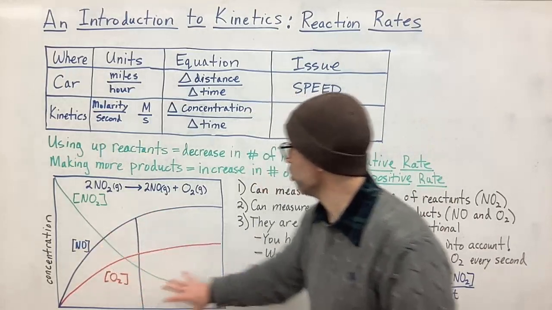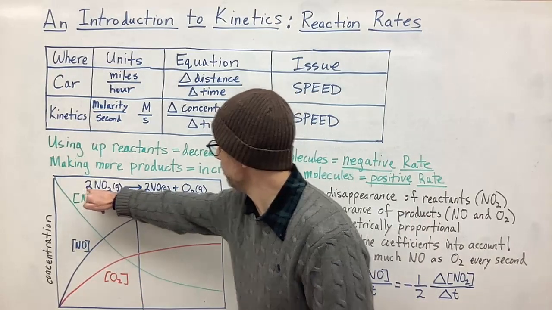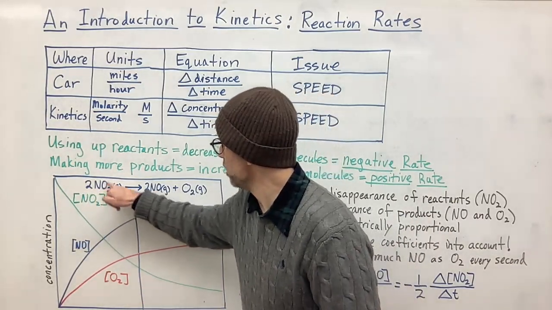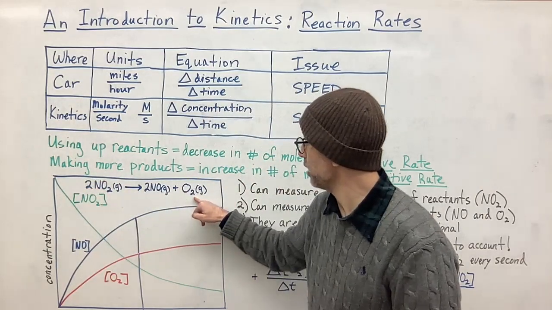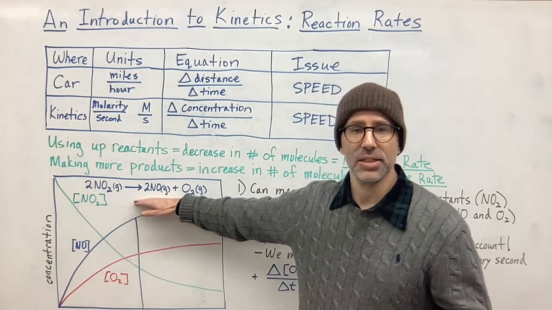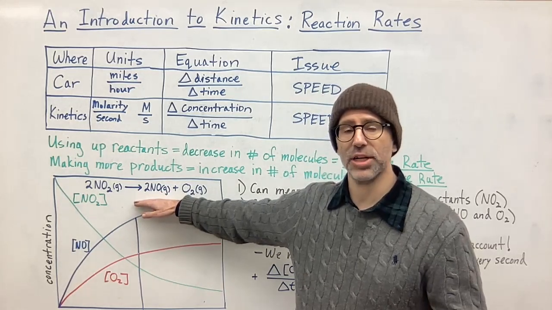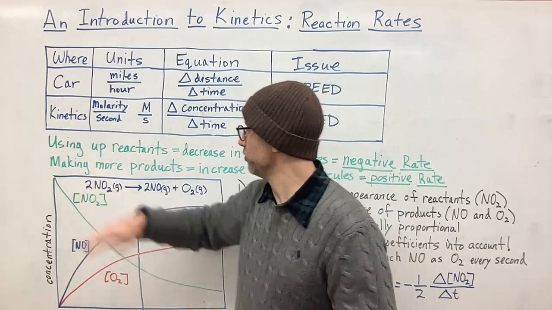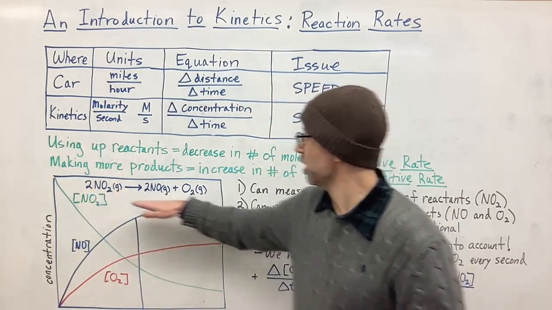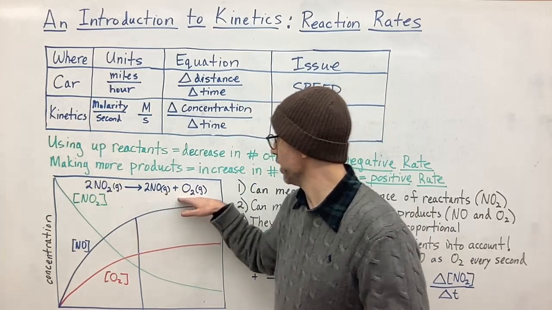So what you can see here is that you have these stoichiometric amounts. For the amount of oxygen that's created in an amount of time, you're actually doubling the concentration of NO at the same time, and you're losing twice as much NO2. So there's a 2-to-1 ratio here.